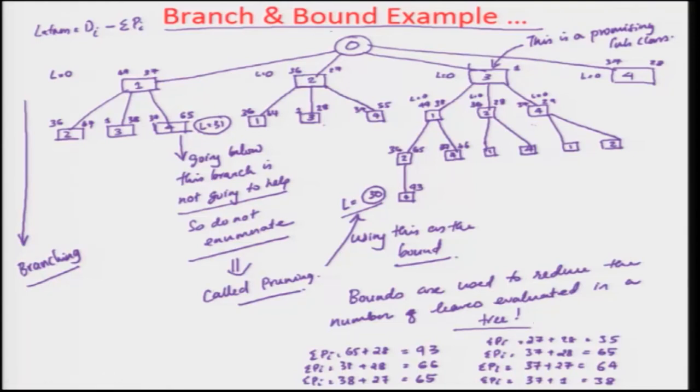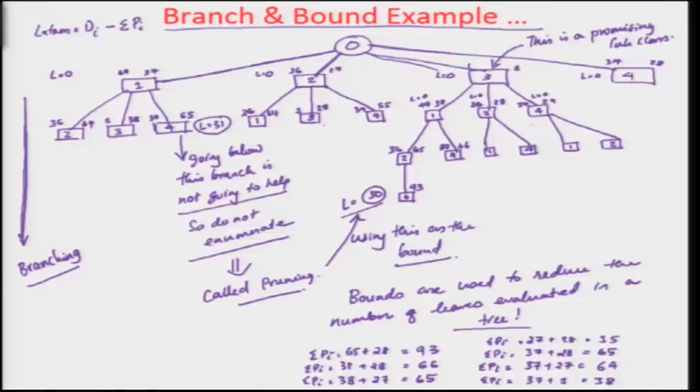You branch on different branches like branching on a tree, and then you use a bound to ensure that you do not evaluate all possible options. I hope you understand how this method works. There are different implementations and variations by different people, but the fundamental idea is somewhat like this.